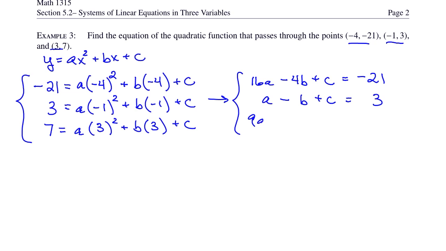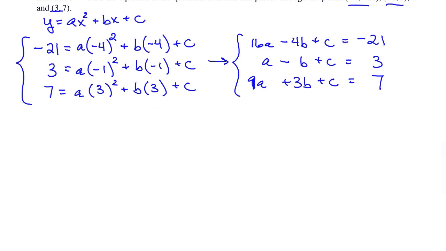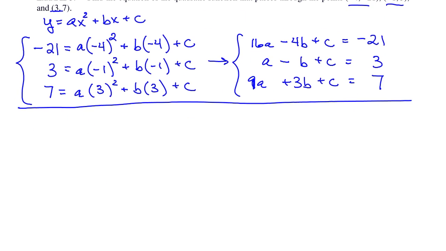And then the last one is 9a plus 3b plus c equals 7. All right. So let's attack this one again, same way we did the last time. I'm going to start by solving one of the equations for one of the variables. I choose to solve the middle equation for c. So c is equal to 3 minus a plus b.